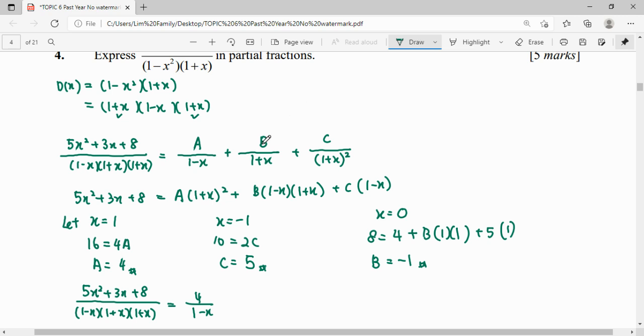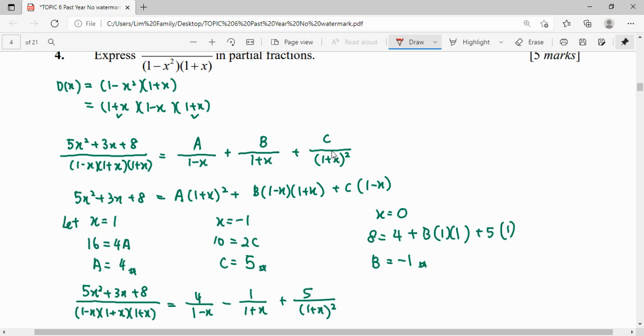And then B is negative 1, so negative times positive becomes negative. And then C here is 5, so 5 over 1 plus x squared.